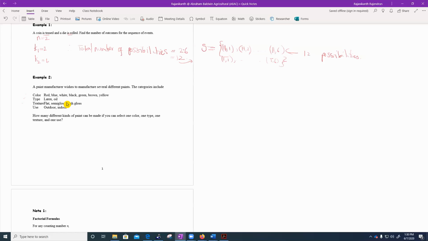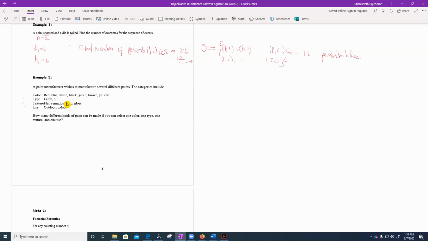For each event, you may have a number of possibilities. For example, choosing a color could be thought of as the first event. How many possibilities do I have for choosing a color? Well, I have 1, 2, 3, 4, 5, 6, 7. There are 7 possibilities, right?